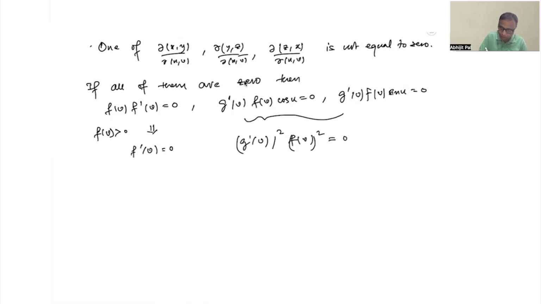So this will again tell you, because f(v) is greater than 0, that g prime(v) is equal to 0. So this implies that if I take this alpha prime(v), this is equal to (f prime(v), g prime(v)), which is equal to the zero vector. Okay, so this is a contradiction.